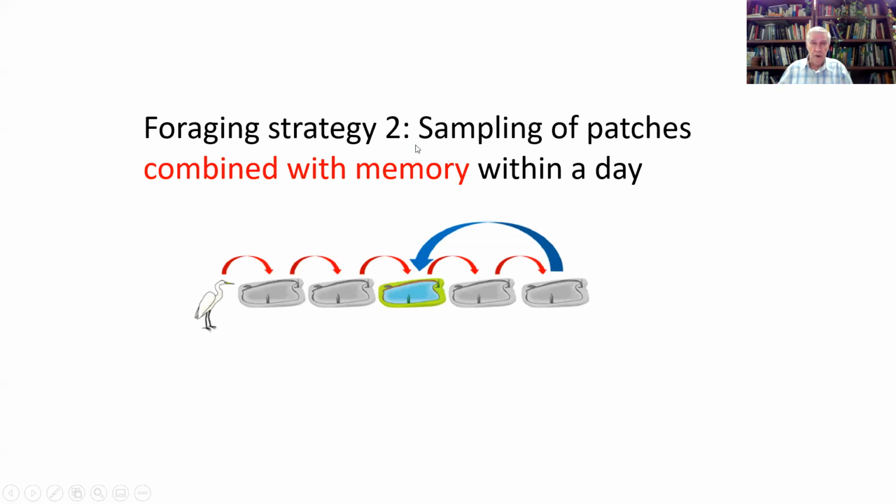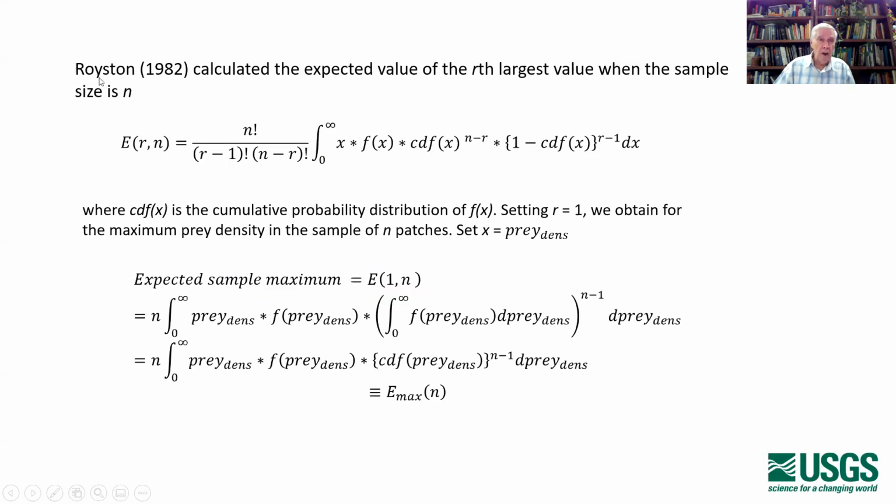For foraging strategy 2, which is the sampling of patches combined with memory within a day, they sample a fixed number of patches and then they return to the one with the highest prey density. Royston calculated the expected value given a sample of n objects.